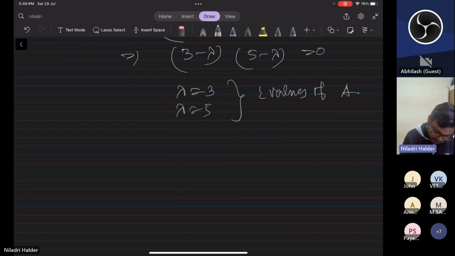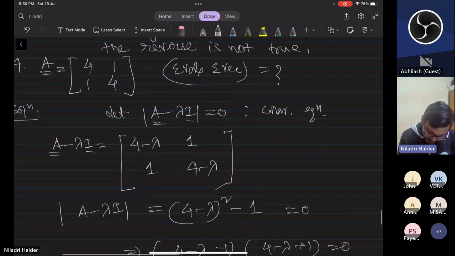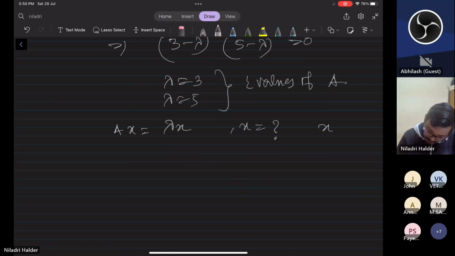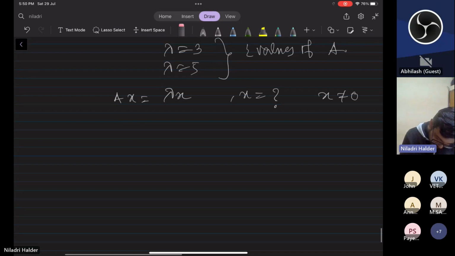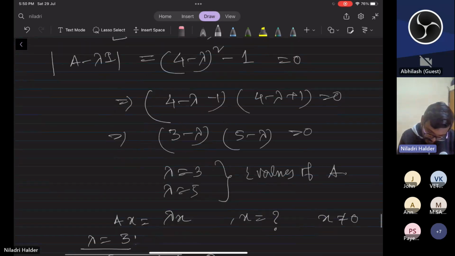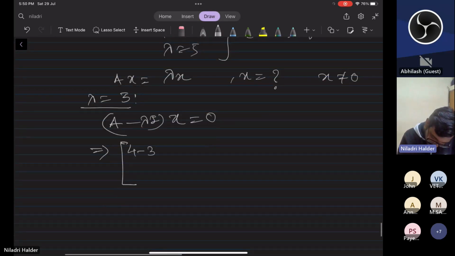Then the eigenvectors. To find the eigenvectors, we find x such that Ax equals lambda x, where x should not be 0. Let's take lambda equals 3. Then A minus lambda I is 4 minus 3, 1, 1, 4 minus 3.